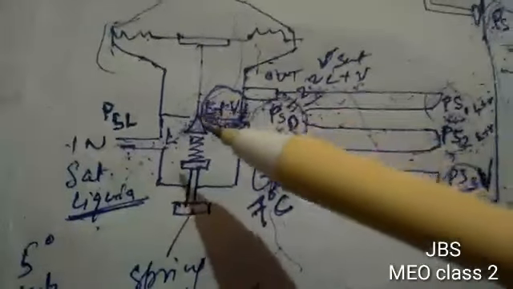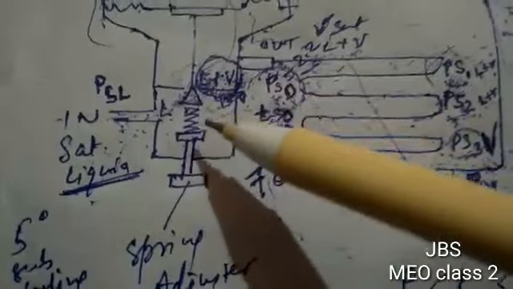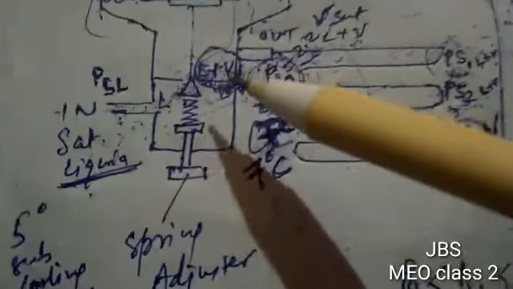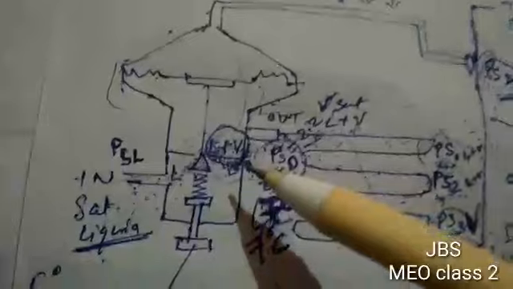Because of that some liquid will boil off at the expansion valve. It will take latent heat from the remainder, and this will lead to vaporization of some of the refrigerant. So this will bring the cooling effect.